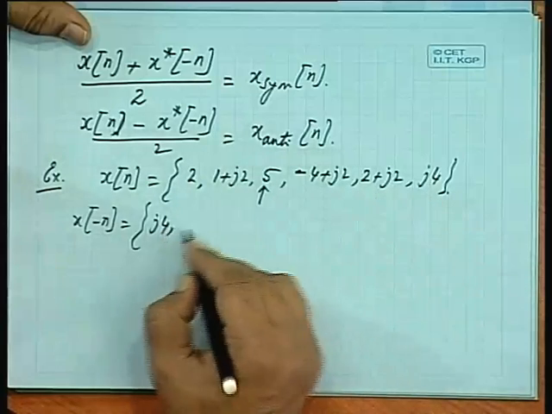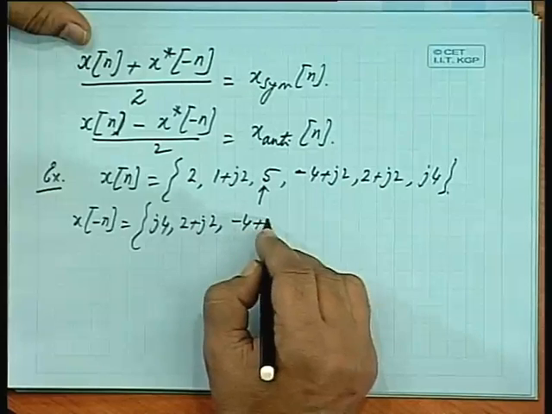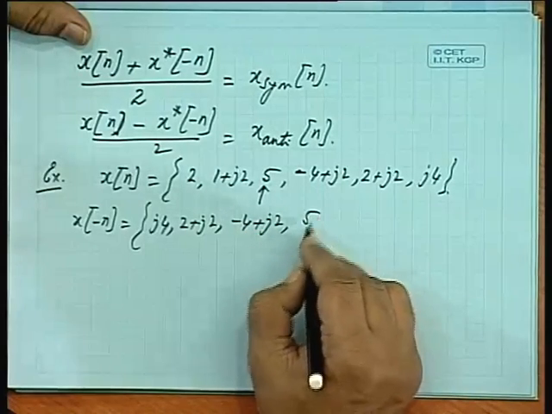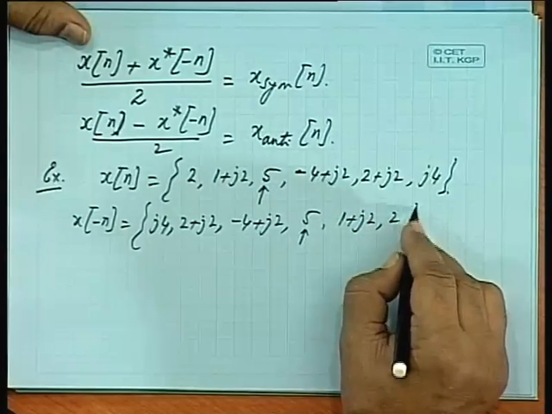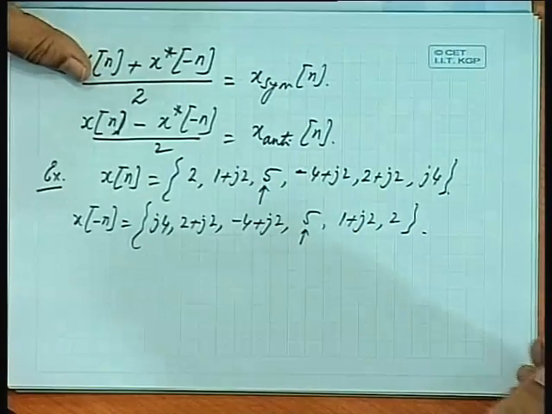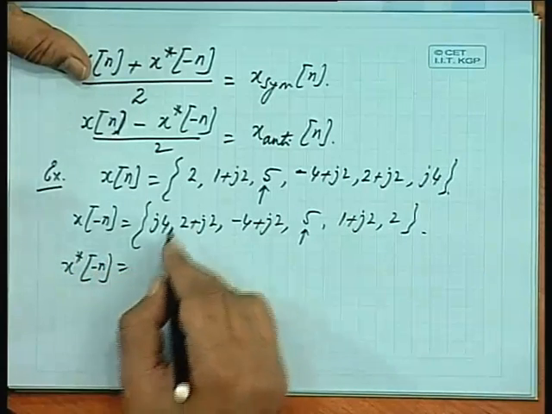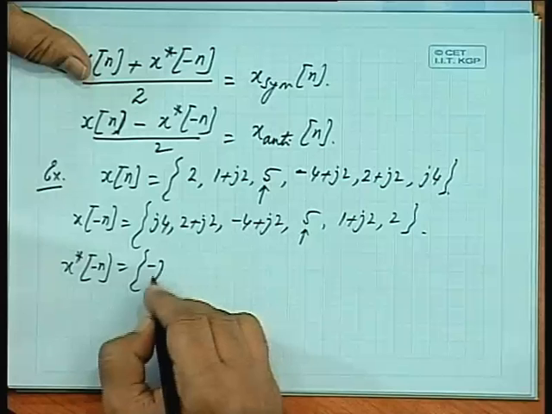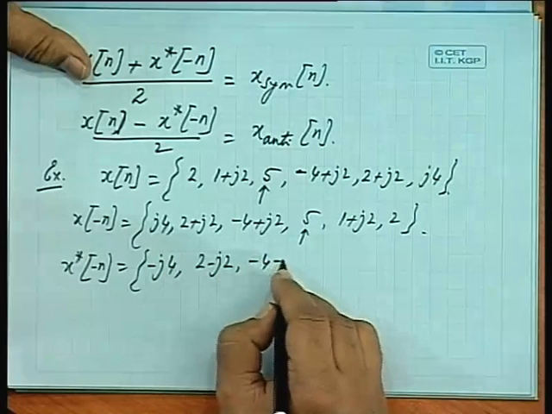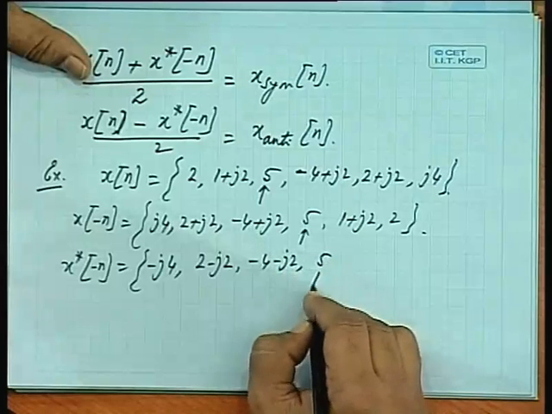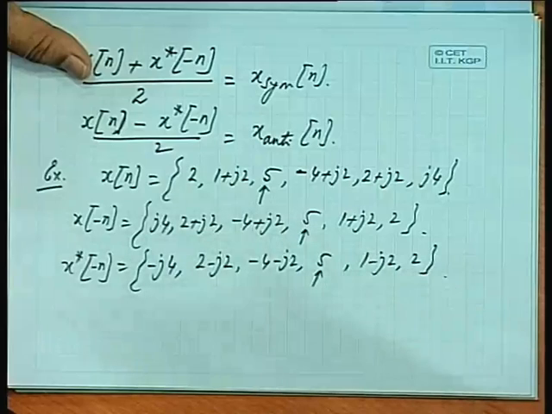If you take the sequence, 2 plus j2, minus 4 plus j2, 5, 1 plus j2 and 2. Okay. So, x star minus n will be the complex conjugate of this sequence: minus j4, 2 minus j2, minus 4 minus j2, 5, 1 minus j2 and 2. Agree?